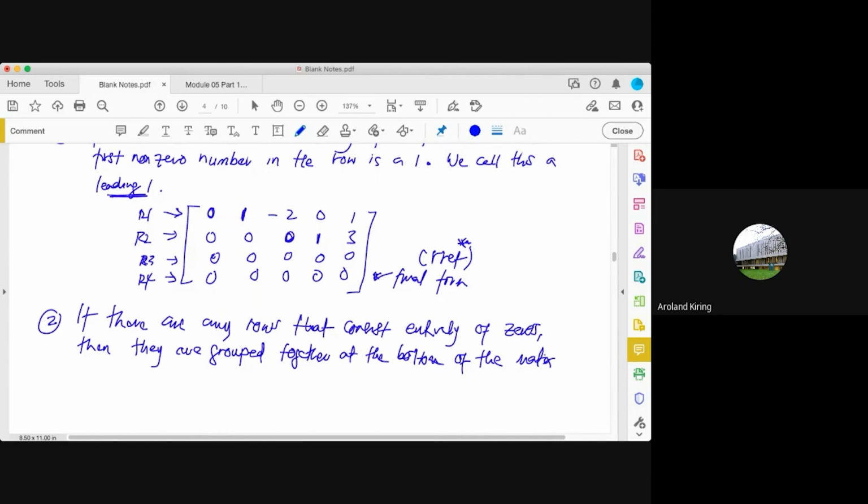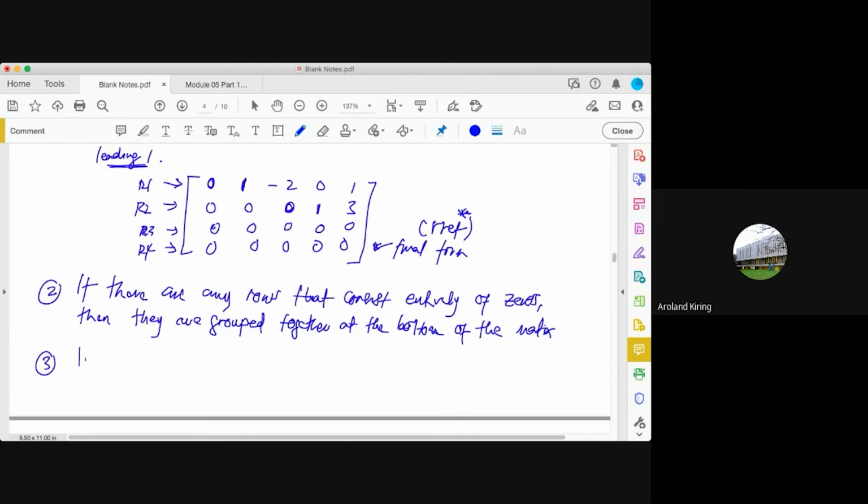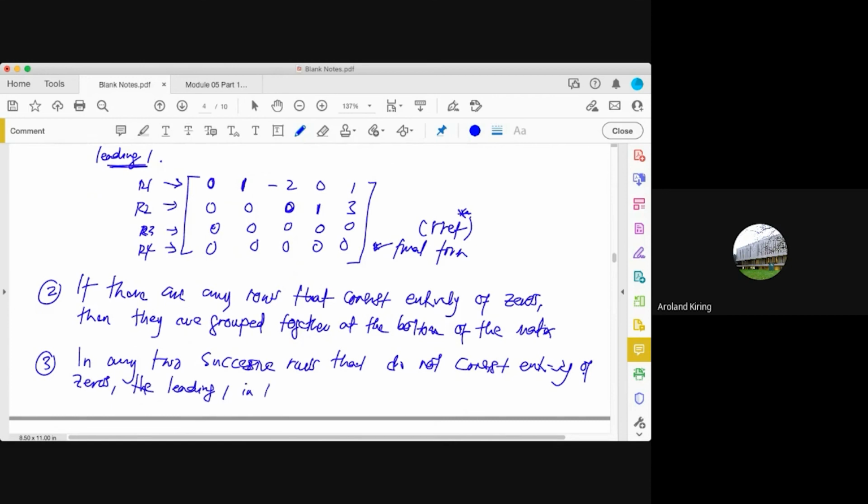And the third property: in any two successive rows that do not consist entirely of zeros, the leading one in the lower row occurs further to the right.